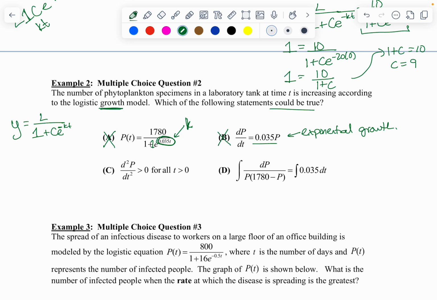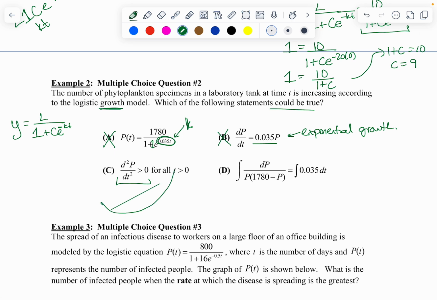How about C? So C, they're saying that the second derivative is going to be greater than 0 for any time t greater than 0. So if the second derivative is greater than 0, that means that the function is going to be concave up everywhere, right? Concave up everywhere.